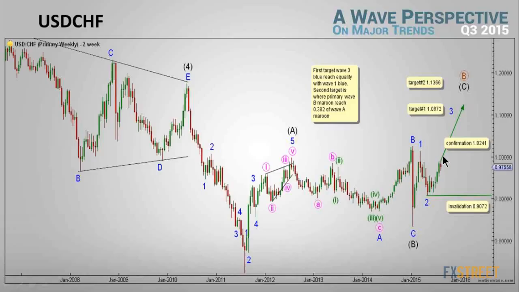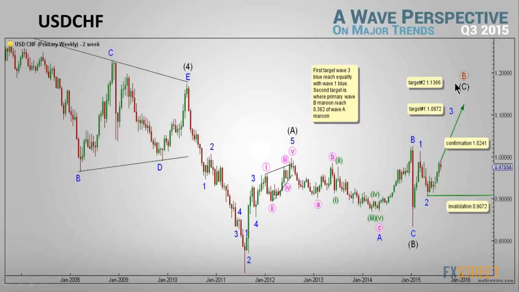to be fulfilled. On the 2 weeks chart, the main count expects that primary wave A maroon, which is completed down here, was complete as a 5-wave sequence labeled waves 1 through 5 black, with wave 5 black unfolding as an impulse labeled waves 1 through 5 blue.